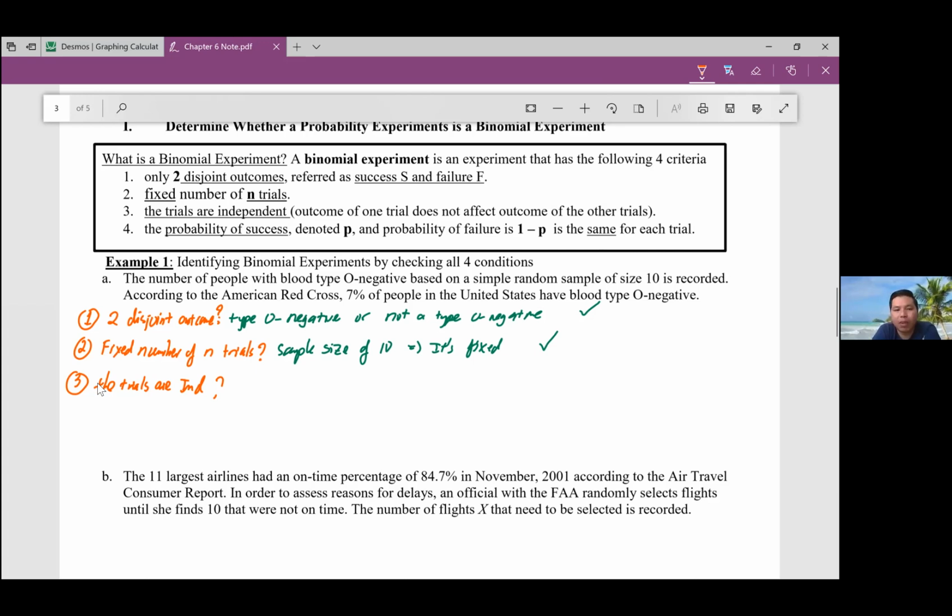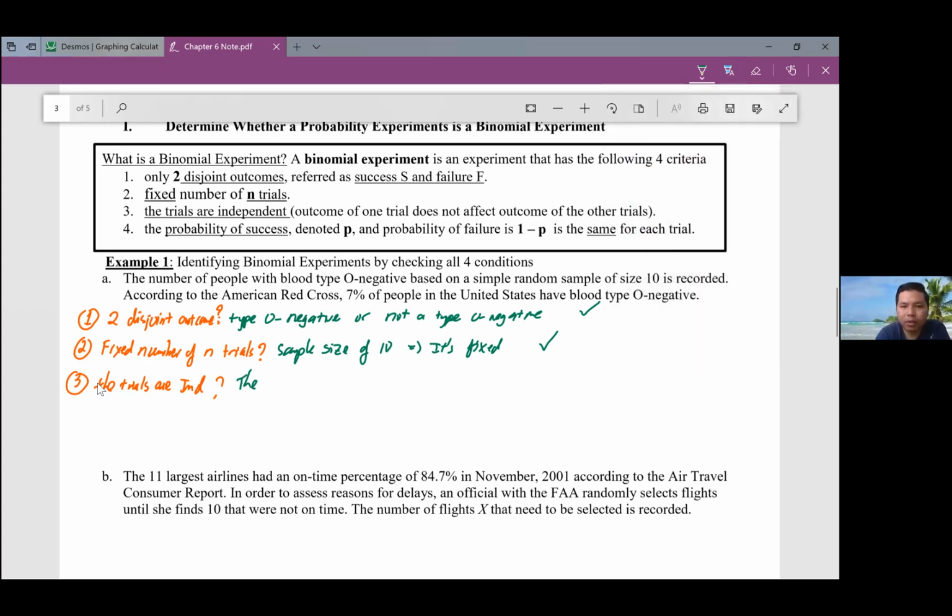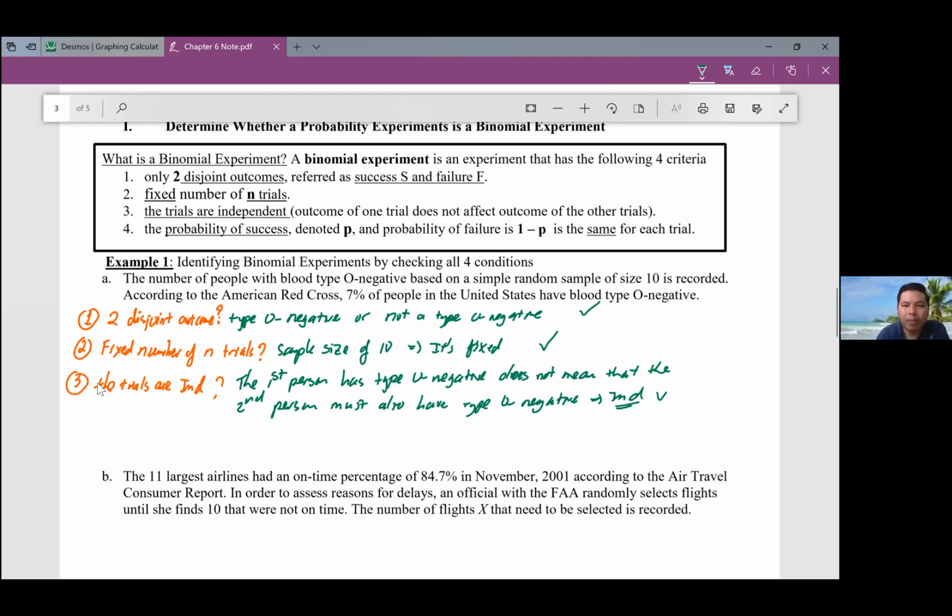So the first person having type O negative does not mean that the second person must also have type O negative. So therefore independent. So that's good.